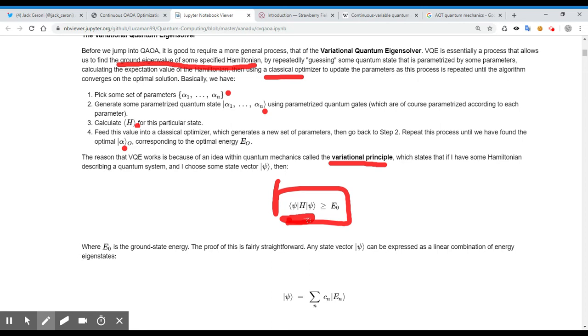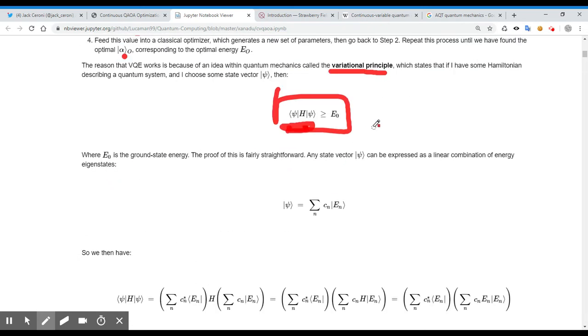I think what this means is the expectation value is always going to be bigger or equal than the ground state. It seems trivial in the sense that the ground state is the lowest energy, so you shouldn't be able to find something lower than that. But where E is the ground state energy, the proof is fairly straightforward. Any vector can be expressed as a linear combination of energy eigenstates.